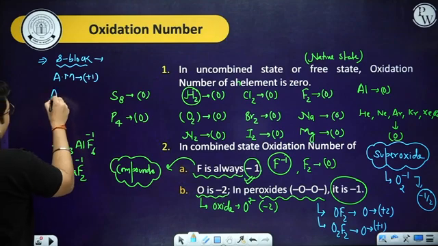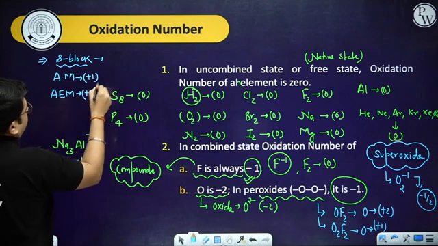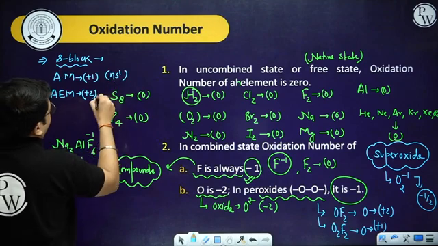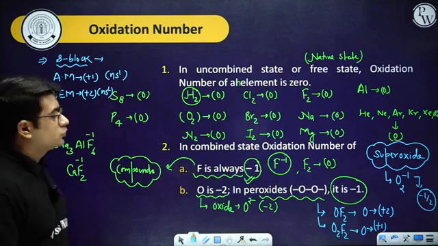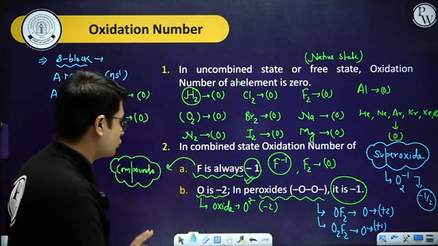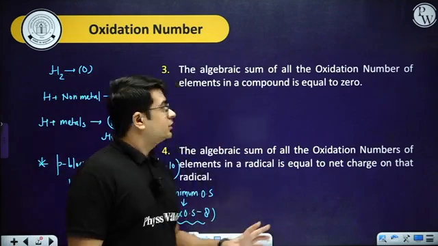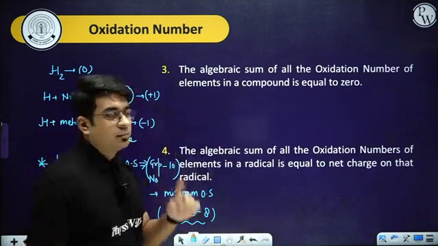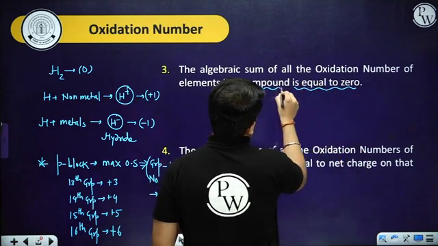Alkaline earth metals are always +2, because those correspond to ns1 and ns2. So for the s block it is always +1 or +2. Now, the algebraic sum of all the oxidation states of elements in a given compound is always equal to 0, because compounds are neutral.